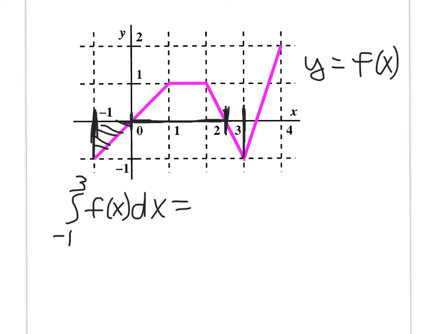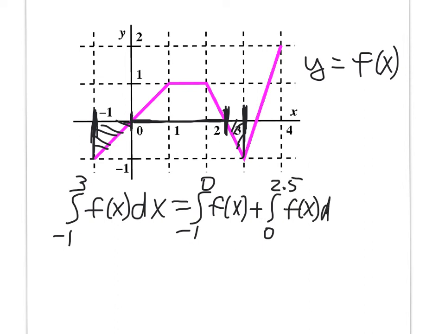And then from 2.5 to 3, we're back below the x-axis again. So theoretically, we're going to have to split this integral into 3 parts: -1 to 0, 0 to 2.5, and from 2.5 to 3.